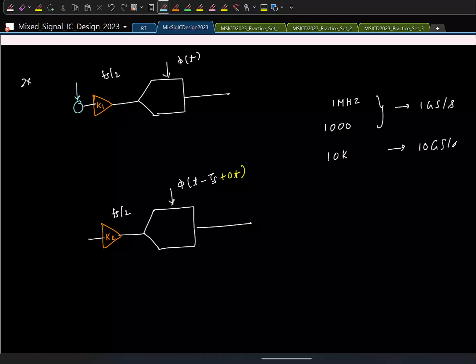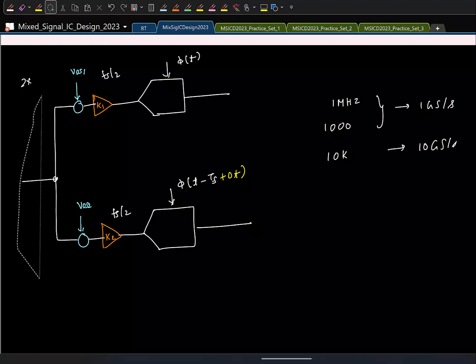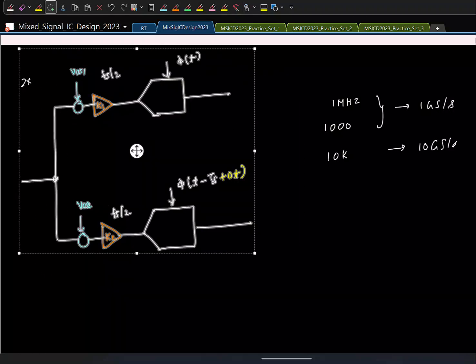Whatever you do, there is going to be some offset, and this offset can be completely different for the two channels. So these are the three possible mismatches we can have. We'll see the effect of each of them and how we can correct for it. So let's start with offset.